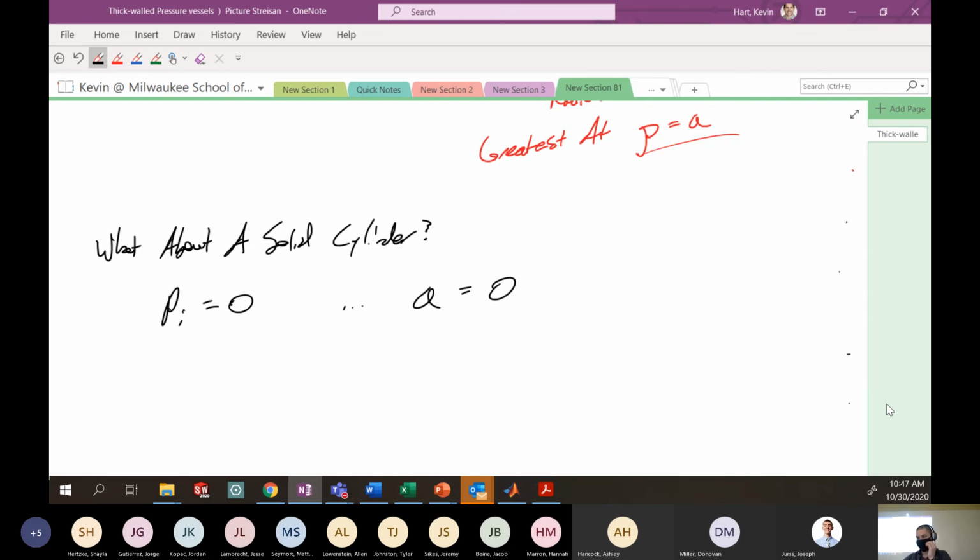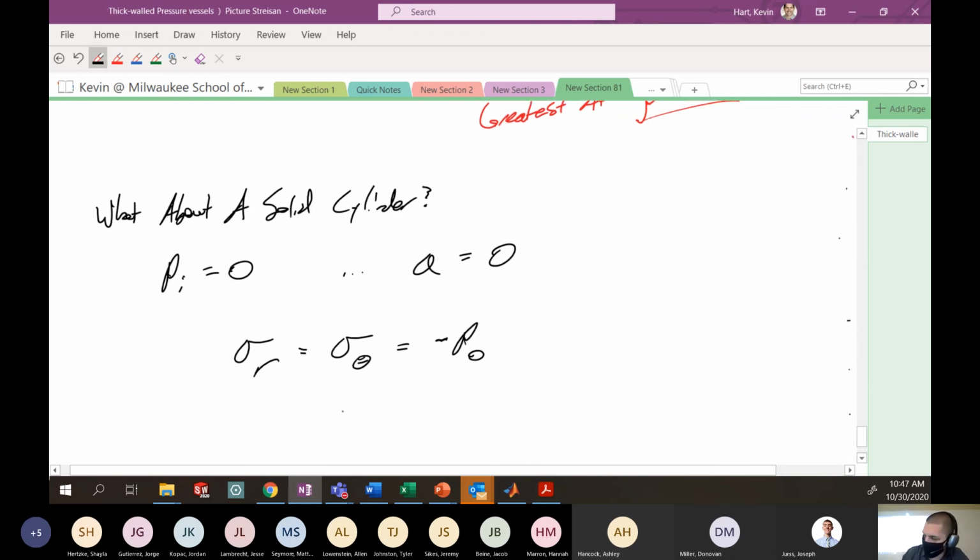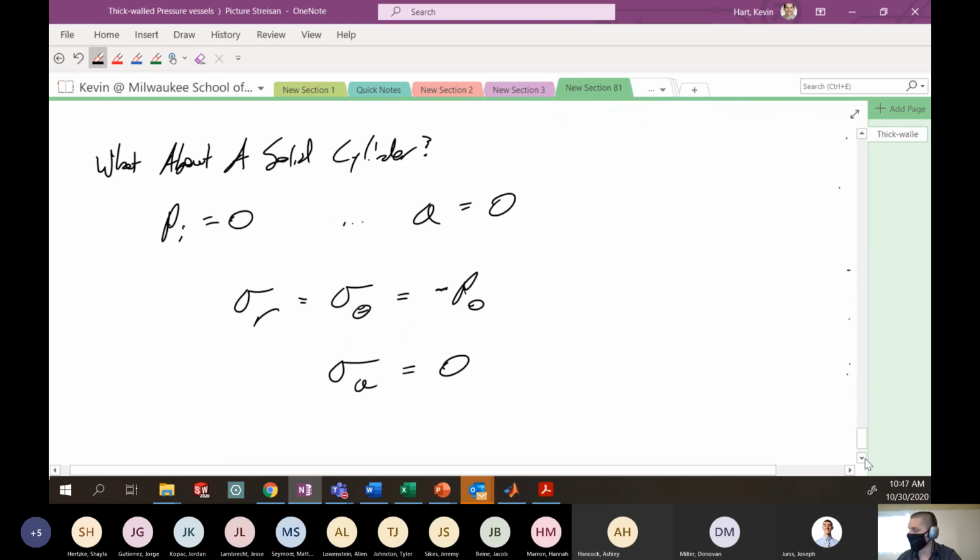So you could plug these into your equations above and you would find that the radial stress is equal to the hoop stress. And that's just going to be equal to the opposite of the outer pressure, whatever that is. They're going to be equal to each other. And you'll find that the axial stress will be 0 in this case. That makes sense.